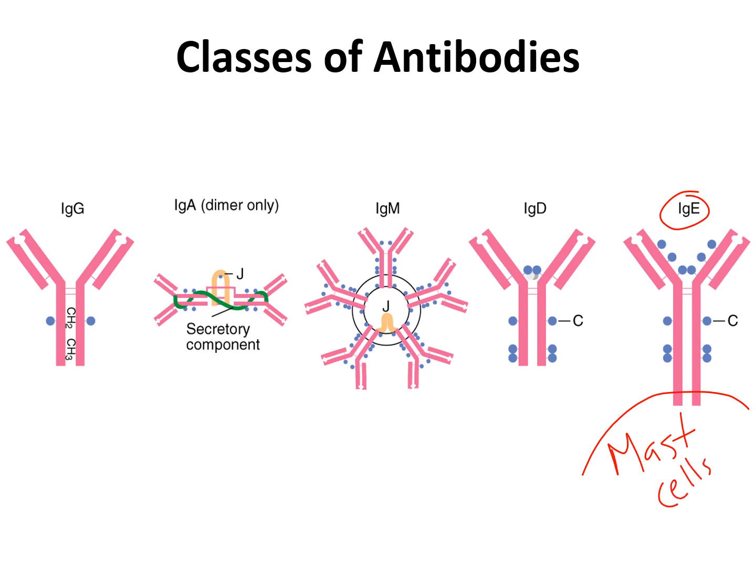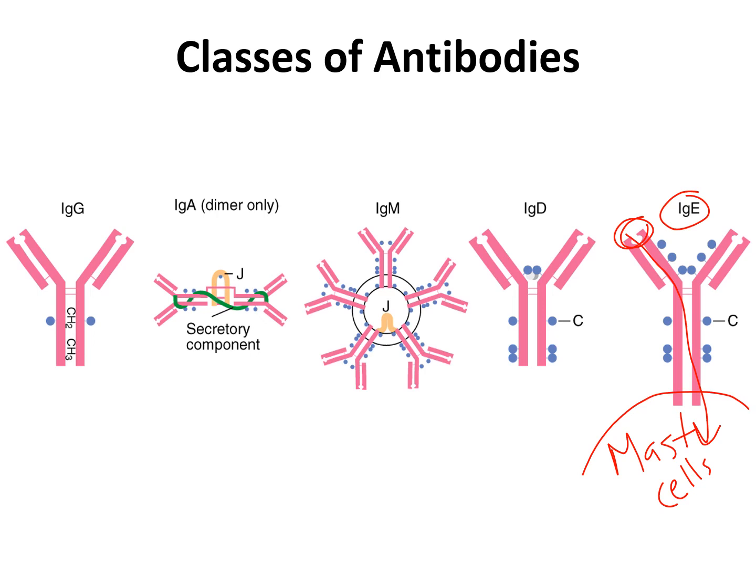So the IgE is acting as a receptor on the mast cells or the basophils. And when the IgE recognizes the antigen it's specific for, that is going to send a signal to the mast cell or the basophil to activate. And mast cells and basophils, when they are activated, they release histamine, which triggers inflammation.